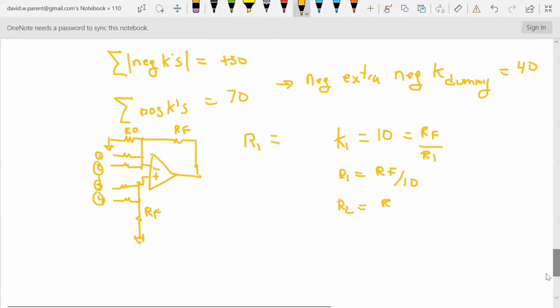R2 equals RF divided by 20. R dummy equals RF divided by 40. R3 equals RF divided by 30. And R4 equals RF divided by 40. All right.